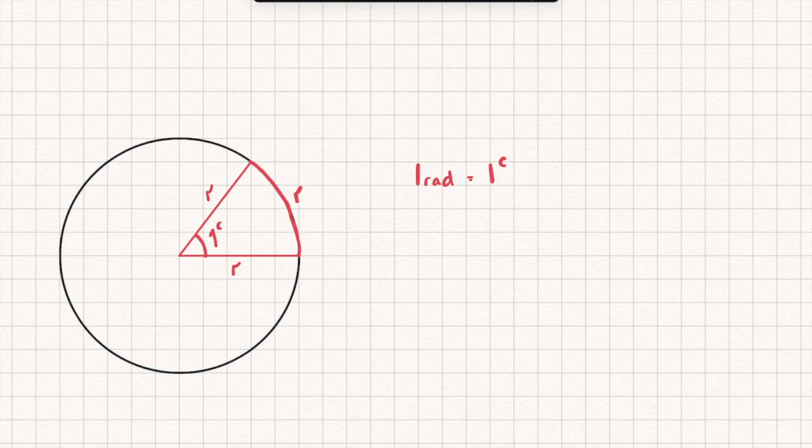And well, we know the formula for the circumference of a circle. The circumference of a circle is just 2 times pi times the radius. And so we're saying, well, how many of this distance r fit around the circumference of a circle? Well, it's 2 pi lots of that distance r, and so that must mean that there are 2 pi radians in a full turn, or 360 degrees.